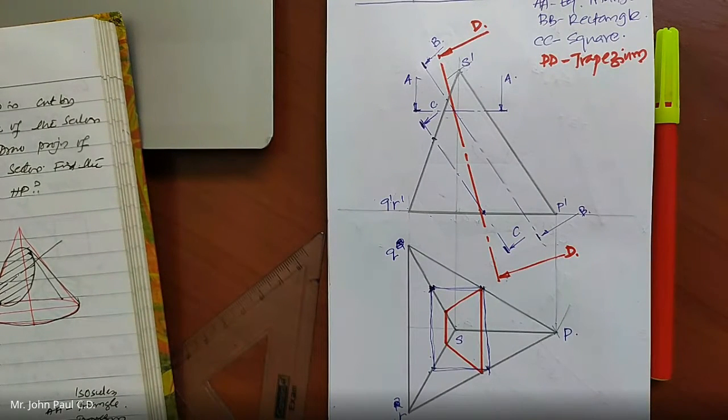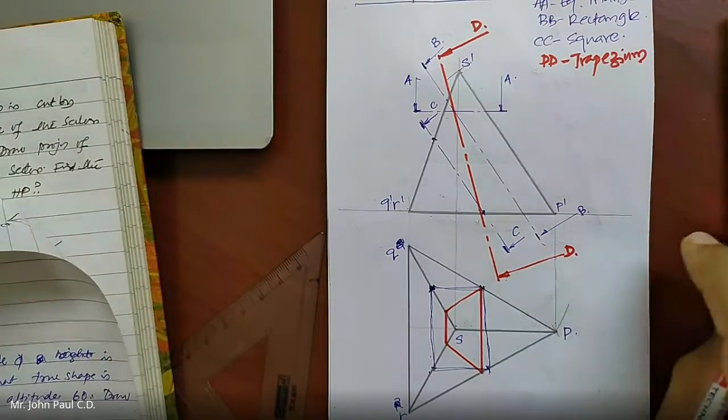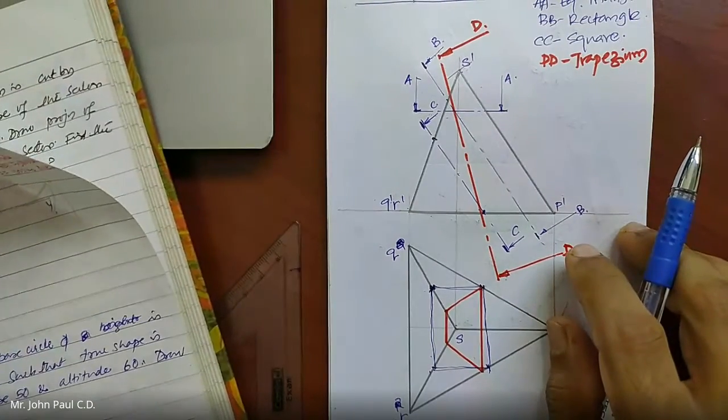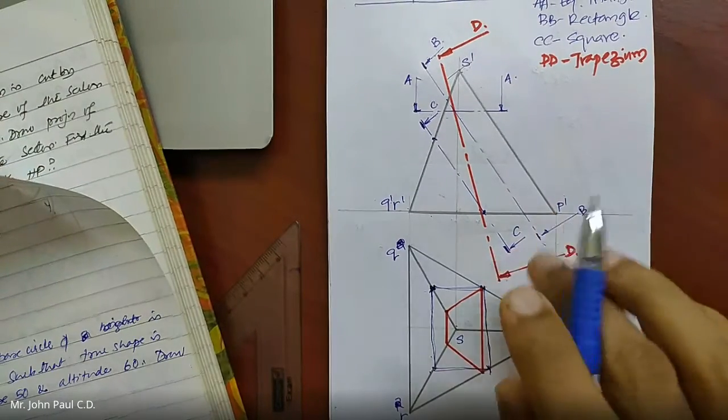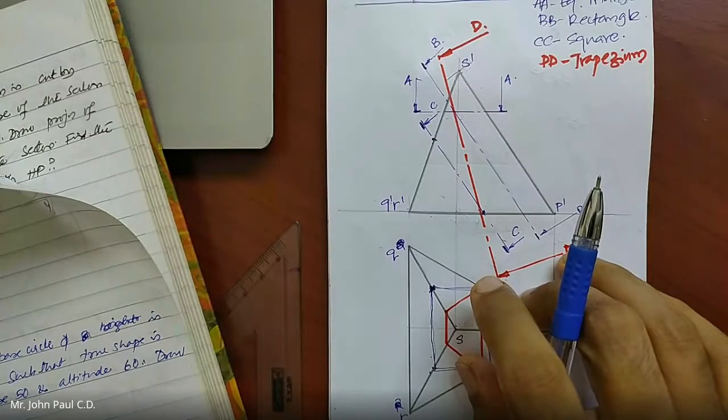Have you finished that? Yes, sir. Okay. One more thing I would like to let you know. The problem that we have seen, the cone. Can you take the question?